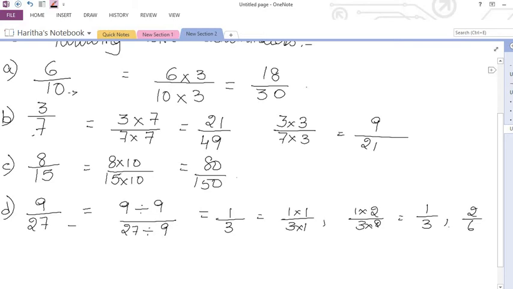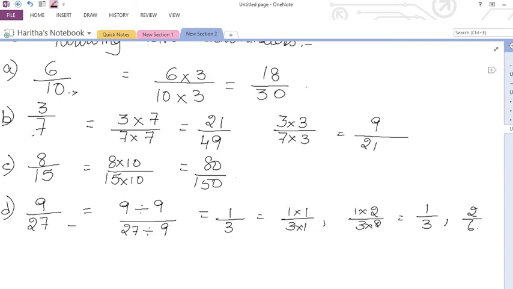Okay children. Like that we can go for so many equivalent fractions, because there is no end for the table.